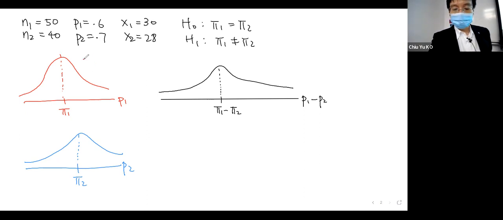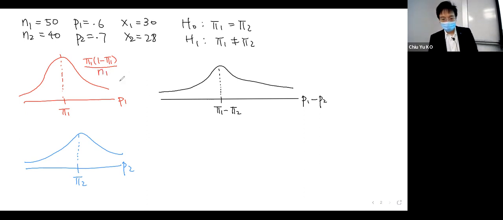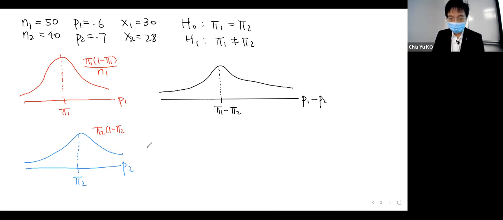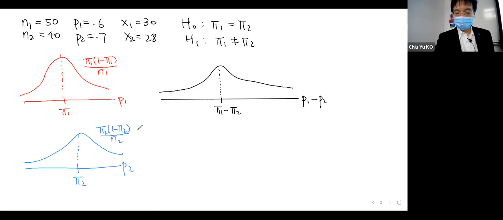The variance of this one will be pi1 times 1 minus pi1 over n1, and here we have pi2 times 1 minus pi2 over n2.